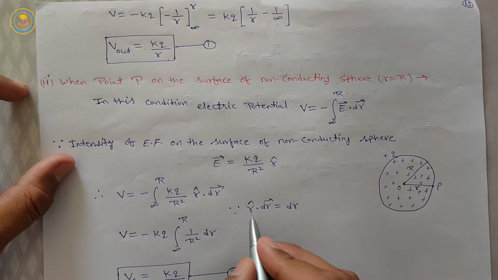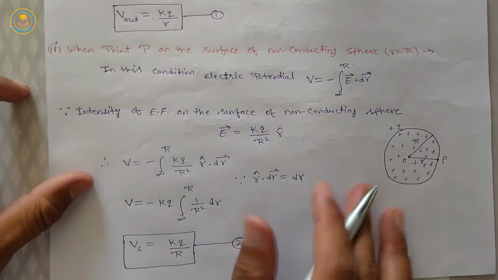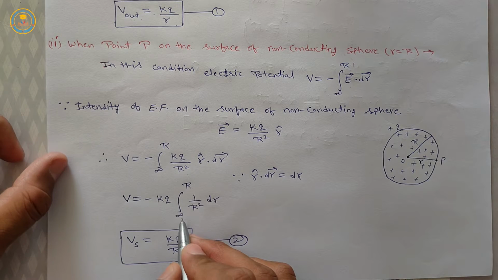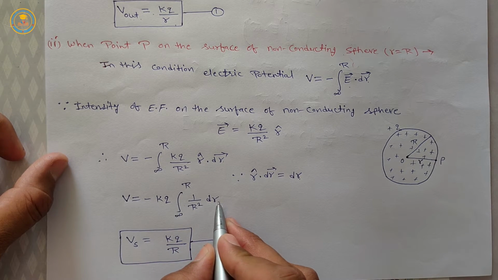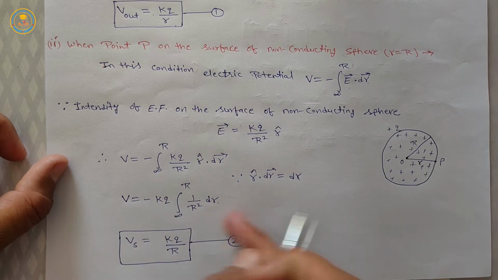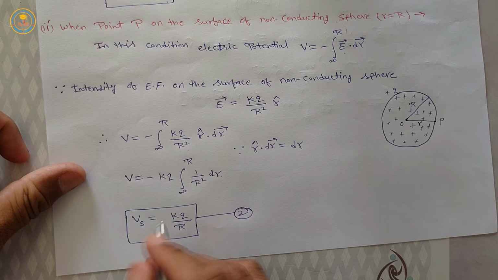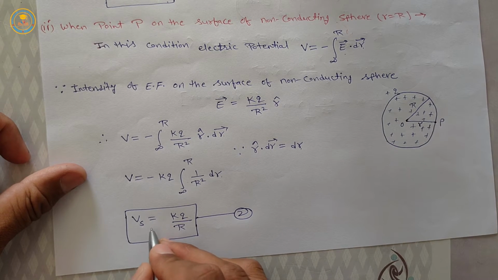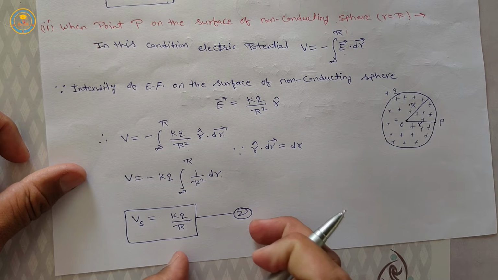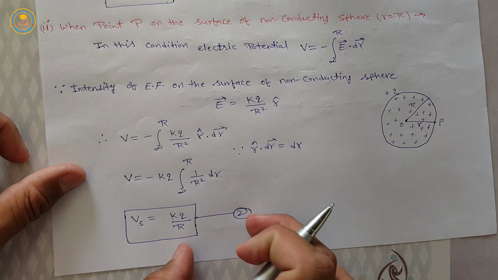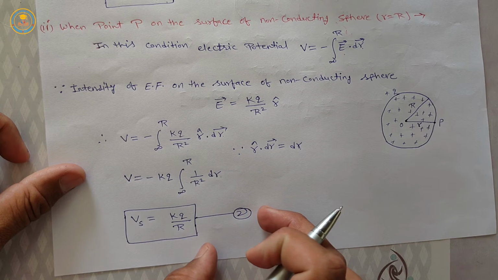Again we put the value of r cap dot dr vector equal to dr. So V is equal to minus kQ integral from infinity to capital R of 1 upon r square dr. On solving this integration, we get Vs, meaning the electric potential at a surface point, equal to kQ upon R. This equation represents the electric potential at a surface point of a non-conducting sphere.